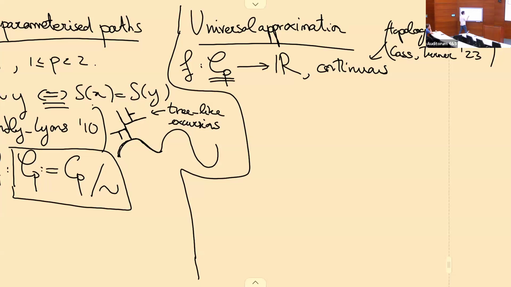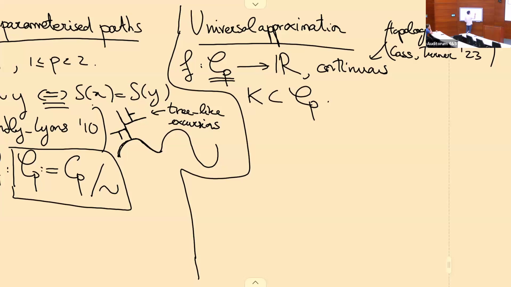Then you consider a compact set K of unparameterized paths. Again, compact in which topology? In the same one in which f is continuous. So that's the second ingredient. And then essentially what you can show is that you can approximate this function uniformly by a linear functional on the signature.